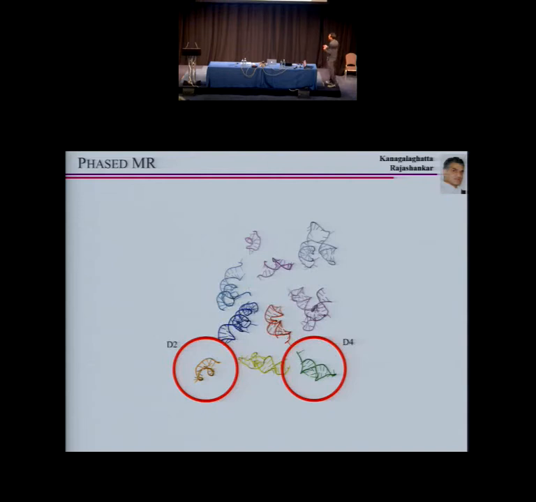It is certainly the case that the smaller molecules, for instance domain 2 and domain 4 in group 2 intron, which are characterized by a simpler structure, are not so easy to position by the molecular replacement software in such complicated searches. And I think that at this stage it is worth mentioning that experimental phasing can, in parallel and in conjunction with molecular replacement approaches, facilitate the localization of such smaller subdomains.